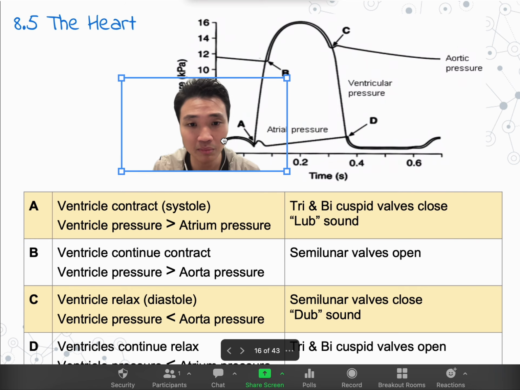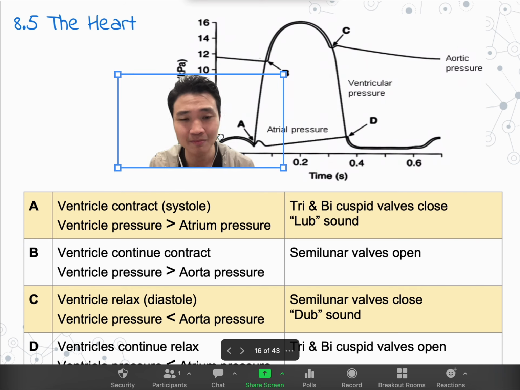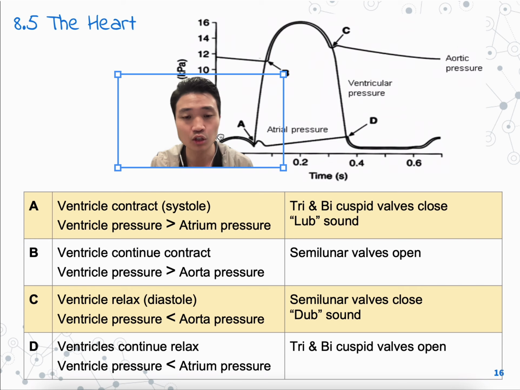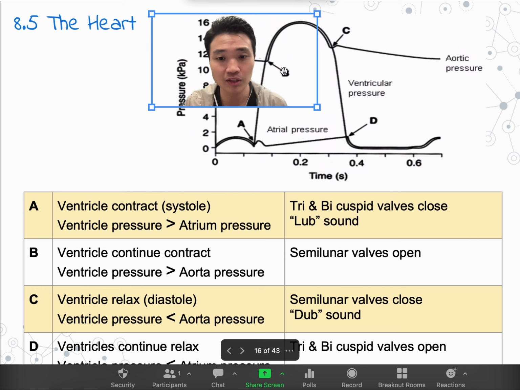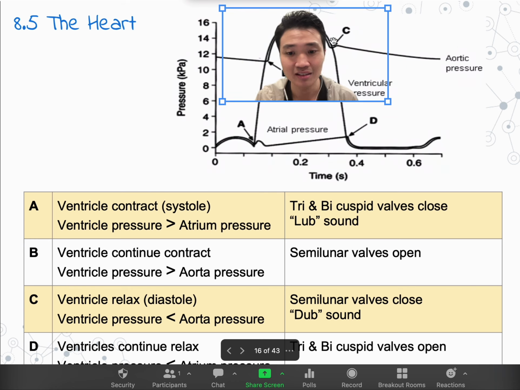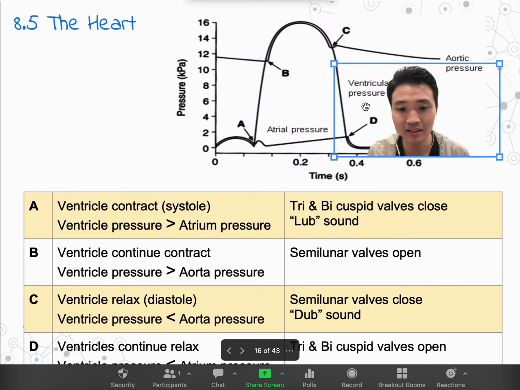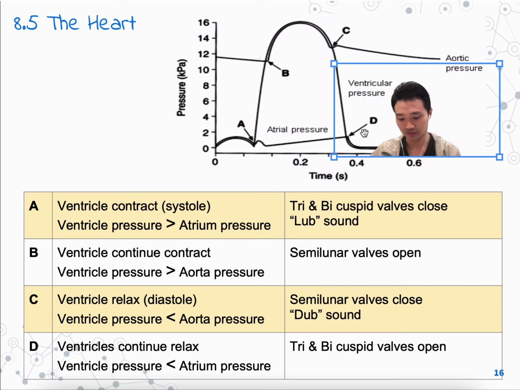To sum up this part, at A, your tricuspid and bicuspid valves closed, TB closed. At B, semilunar open. At C, semilunar close. And at D, TB open, tricuspid and bicuspid valves open.